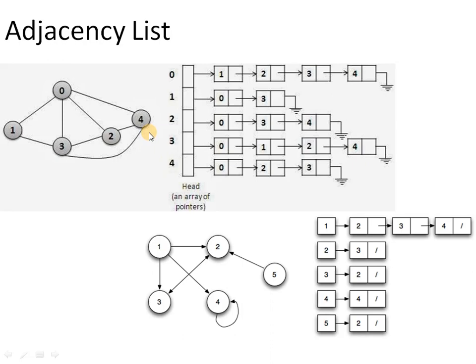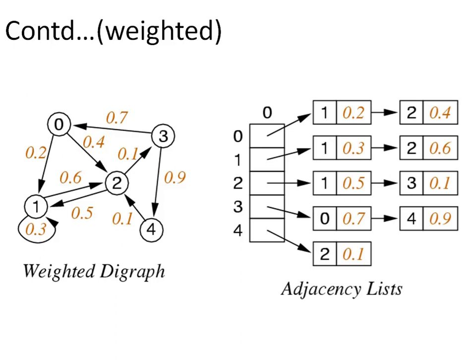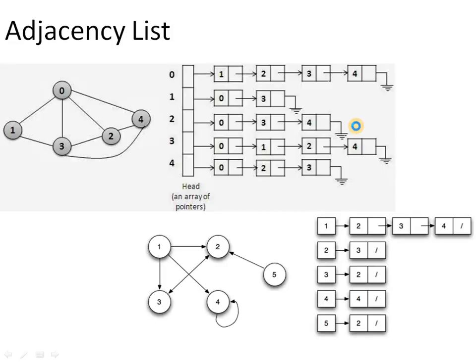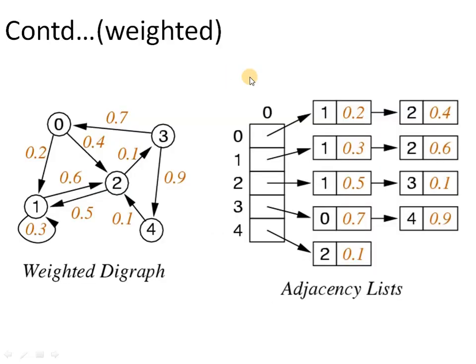So this is all about unweighted graphs. We have represented unweighted graphs with the help of an adjacency linked list. On the other hand, if we are working with weighted graphs, everything will remain the same, but we have to update the structure of a node. Previously, we maintained only the vertex number for each linked list node, but now in addition to the vertex value, we have to maintain the weight also.